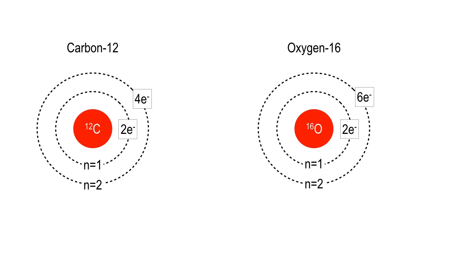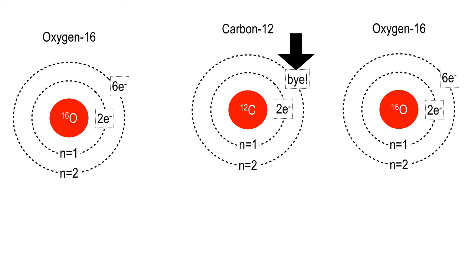Now, here's what we're going to do. We're going to take those 4 carbon electrons, the 4 valence electrons from carbon, and we're going to burn them off. And who's going to get them? The oxygen. Because the oxygen would like to have 2. So if you take 2 oxygens and you say bye-bye to the 4 that you've got from carbon, and you say, all right, I'm going to share those over to my oxygens.